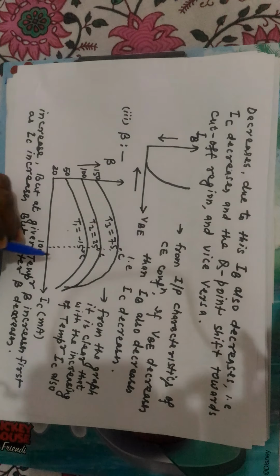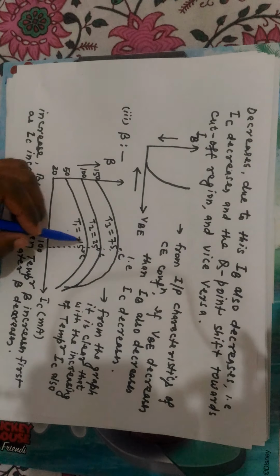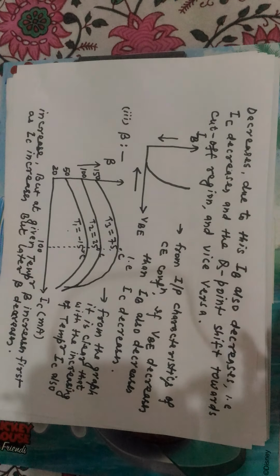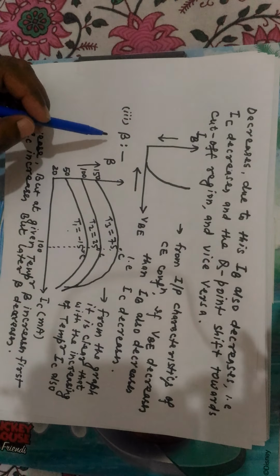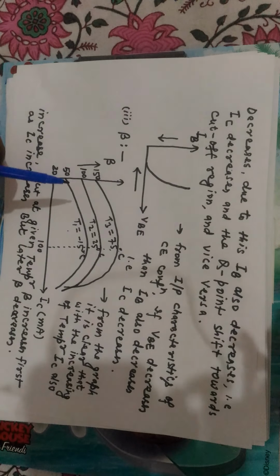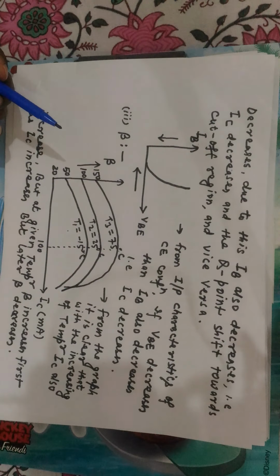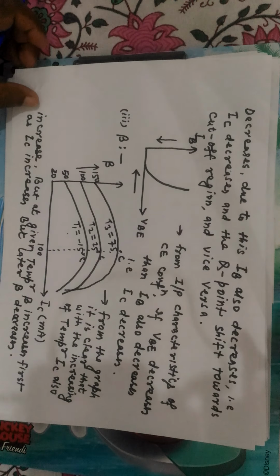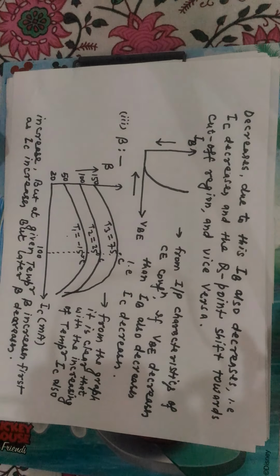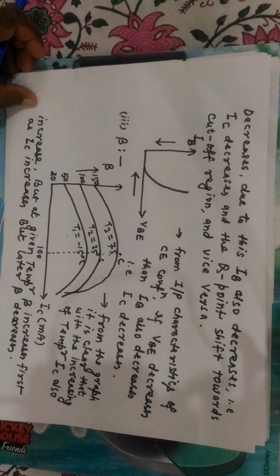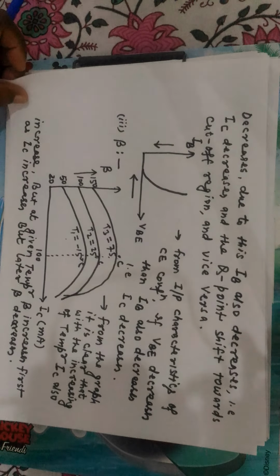The graph is actually shown between the variation of beta and IC as well as with the temperature. This means as temperature increases, overall beta also increases, and when beta increases, IC increases, and IC increases means the transistor switches into the saturation region. Now this was the effect of temperature on IC, or you can say on the three parameters beta, IB and ICBO.